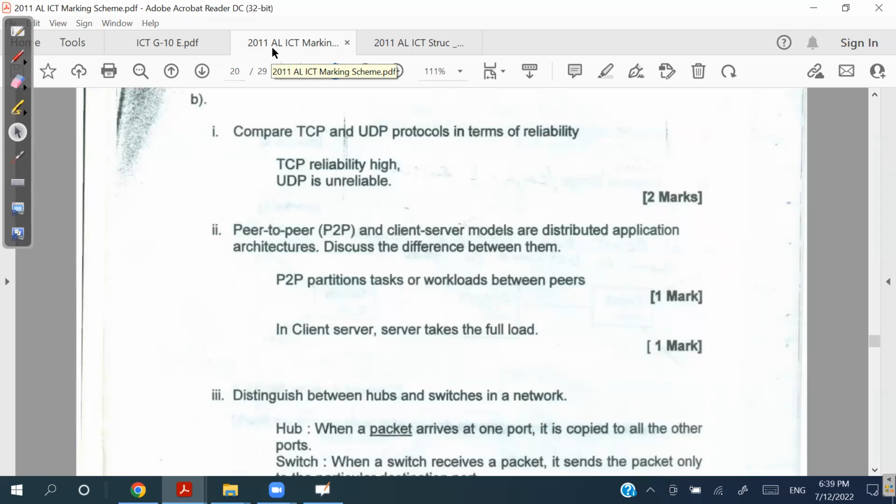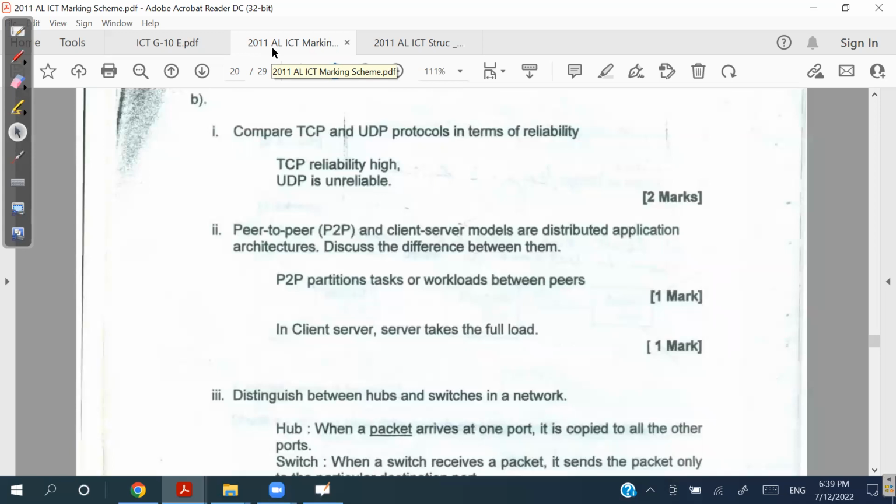So in client server, the client will receive the service and the server will always provide the service. In peer-to-peer, when someone is providing a service, it is considered a server. When someone is receiving the service, it is considered a client, right?